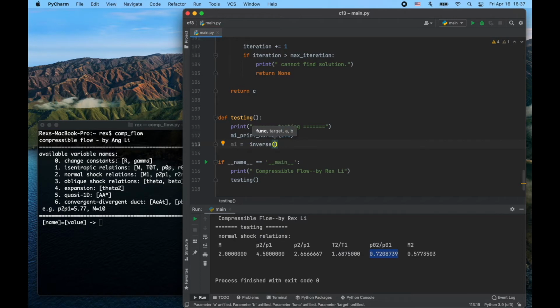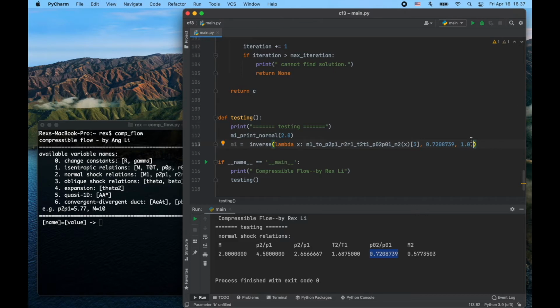And the function here, I'm going to use a lambda function. And we only want this element, 0, 1, 2, 3. The target is going to be this value. And the lower limit, it can start from 1, because for normal shock, M1 has to be supersonic or sonic.